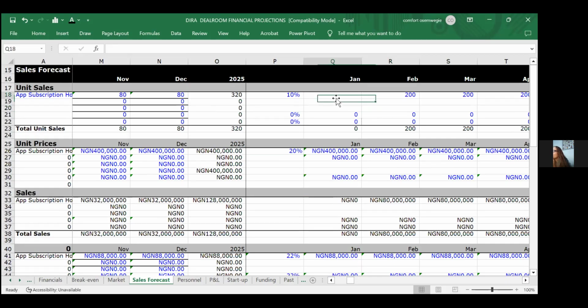So that's supposed to be 200. So just multiply by Q26, Q18. It's in this.